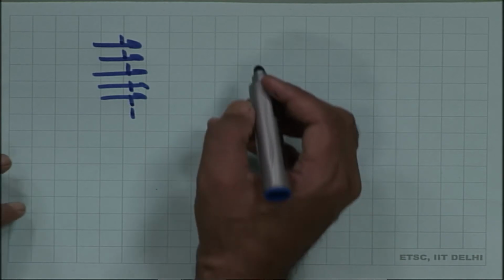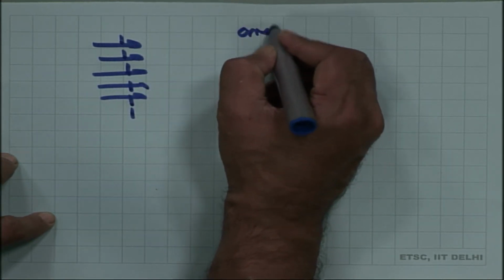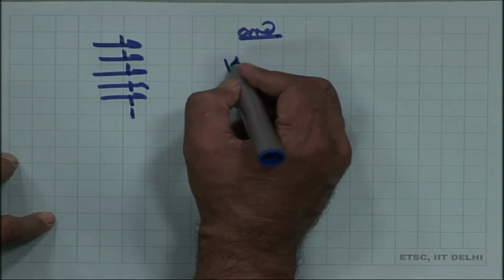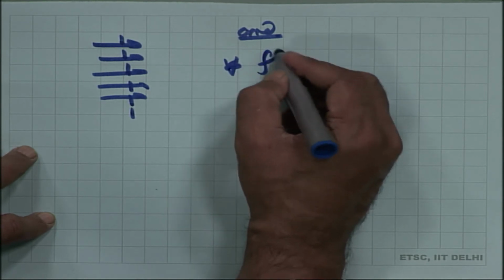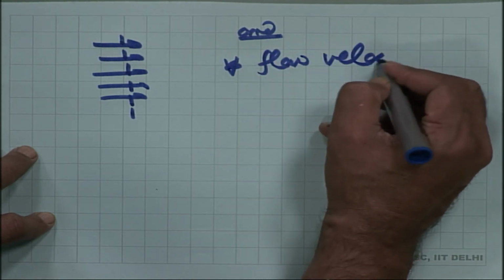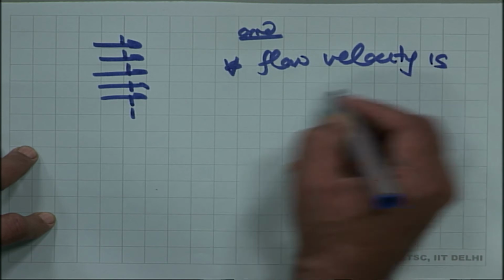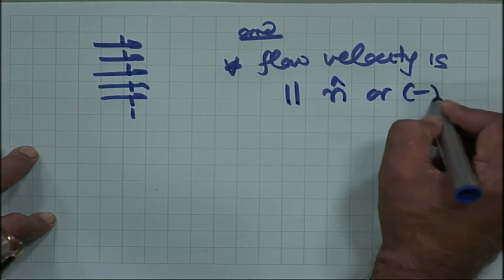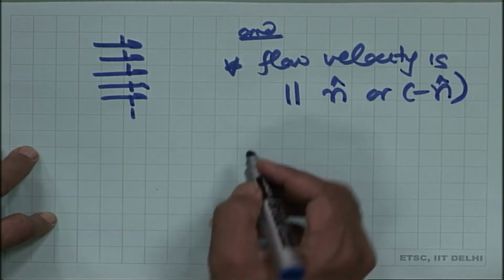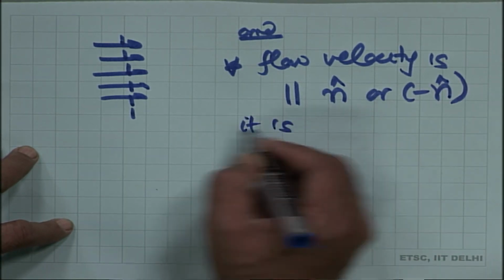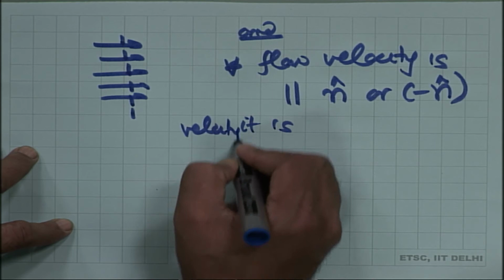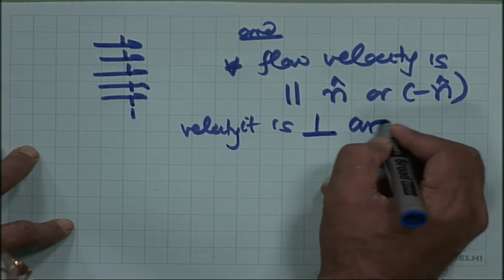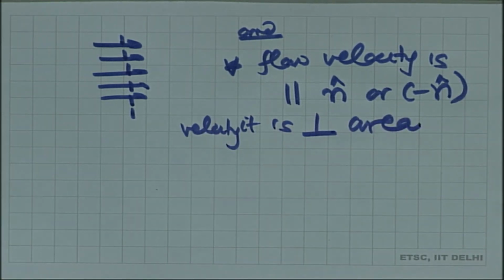And the second thing is, in addition to this, if the flow velocity is parallel to n or minus n, which means the velocity is perpendicular to the area.